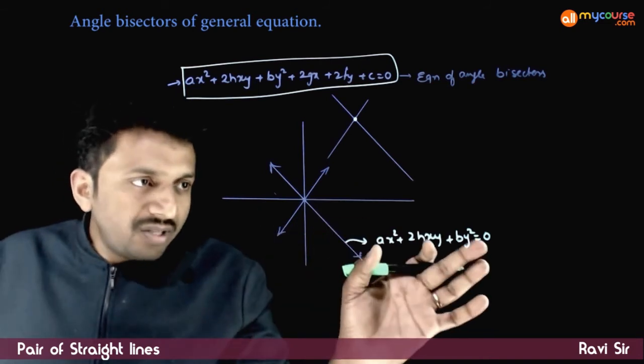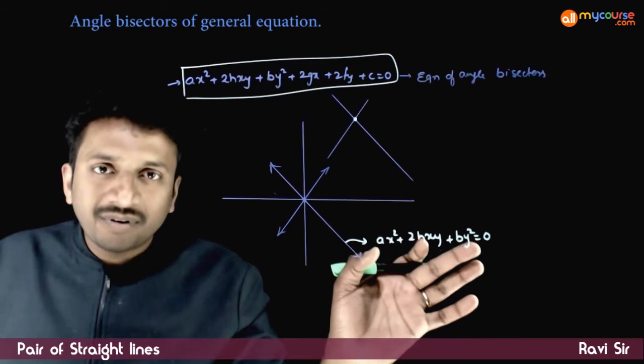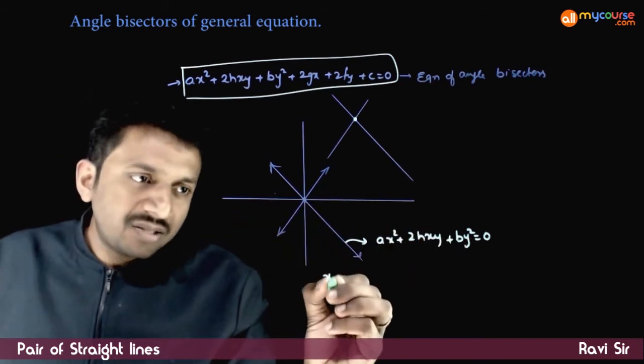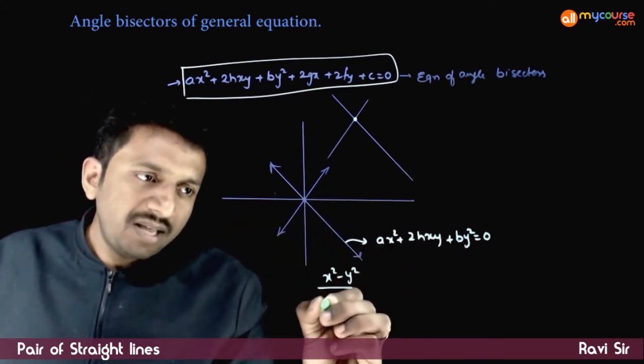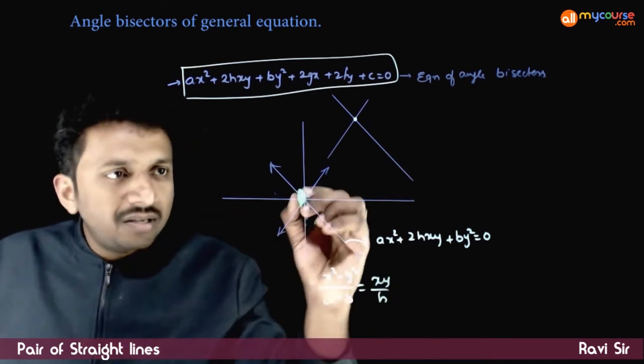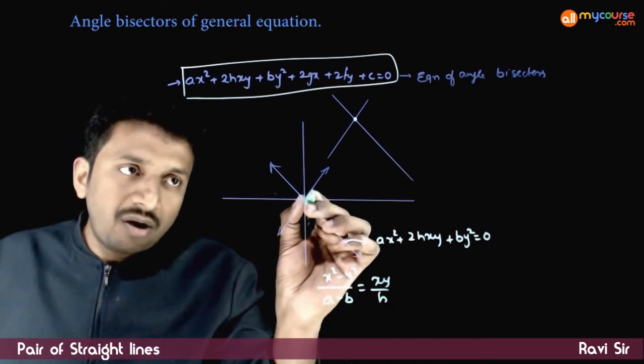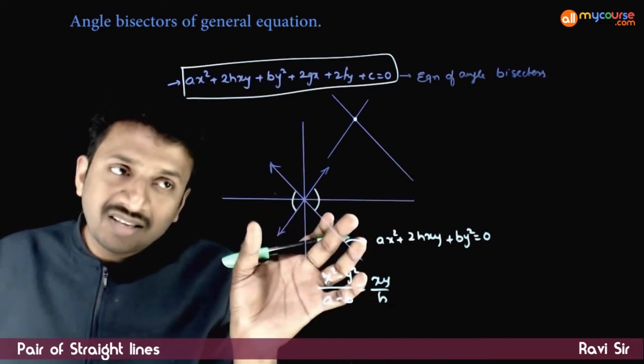Now we know the equation of the angle bisectors of this equation: x square minus y square by a minus b is equal to xy by h. So this equation represents the angle bisectors of these lines.